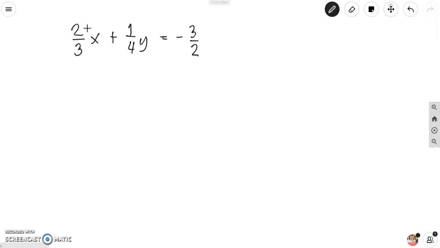Then the other equation is 1 over 2 x minus 1 over 4 y equals negative 2. Let's try to make it whole numbers first so that it's easier for us to eliminate. We have variables x and y. So what is the common denominator? Let's say the common multiple, which is 12, right?